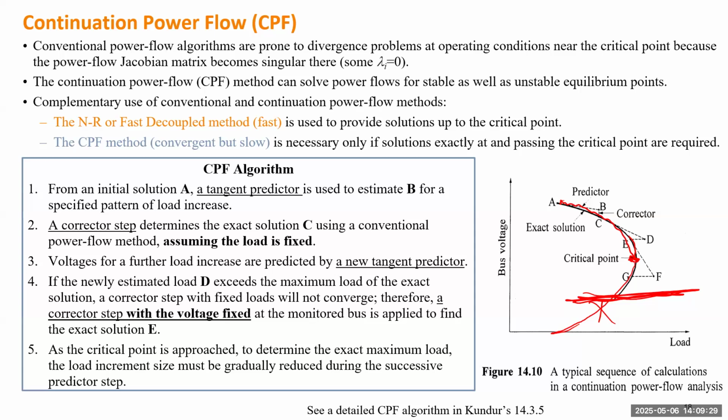Let me explain again, if you didn't get it. So this is a critical point. If you operate above the critical point, you can assume constant power load, or maybe constant impedance load, whatever. You can use any load, but for most loads you will get a similar PV curve above the critical point. But beyond this critical point, the load model really matters.